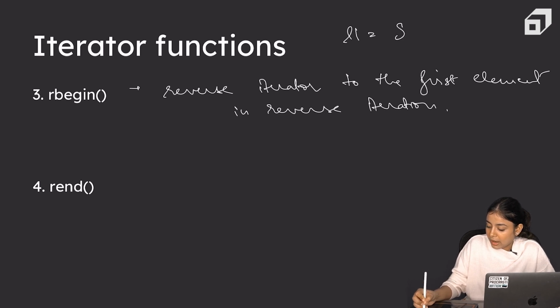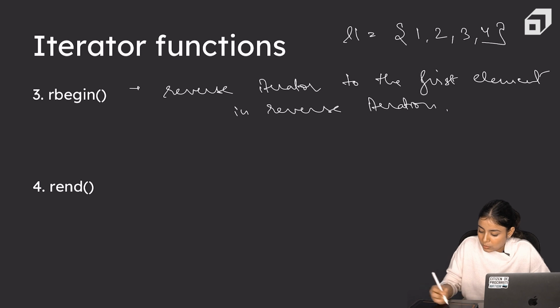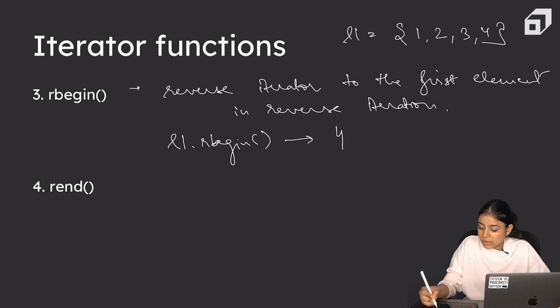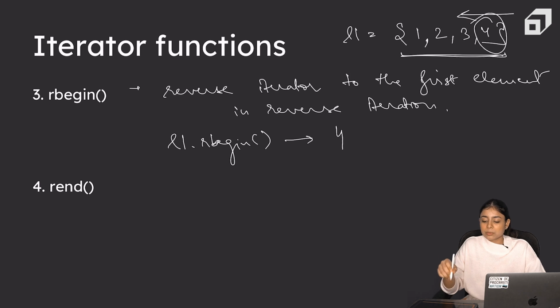So again, if I have a list with 1, 2, 3, 4 values and I ask for L1 dot R begin, then this will return me an iterator to 4. Basically R begin will return me an iterator to the first element in the reverse iteration. When I iterate this list in the reverse manner, what would be the first element? The first element would be 4. So that would be returned to me by L1 dot R begin.